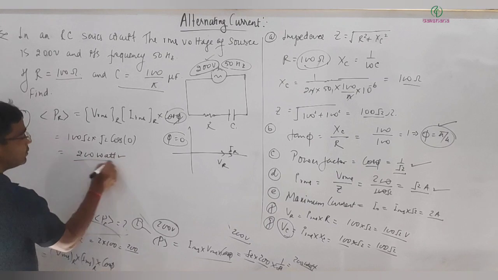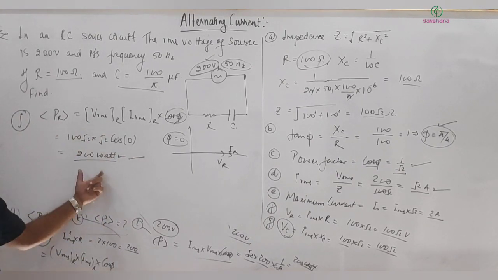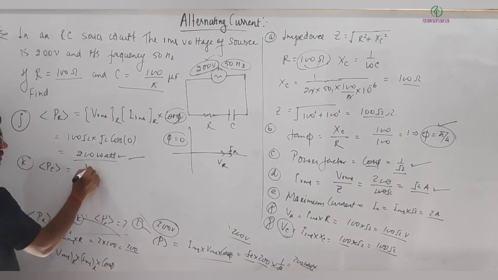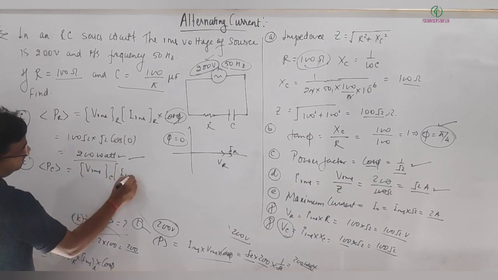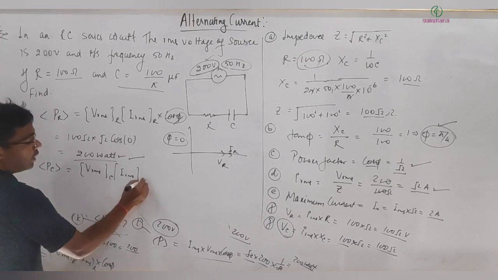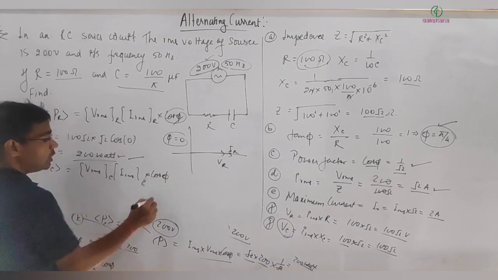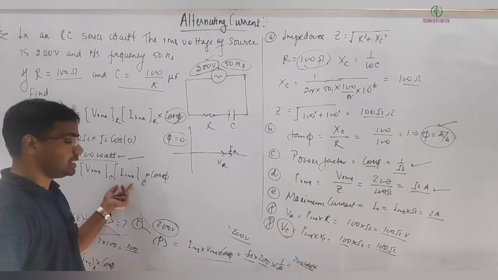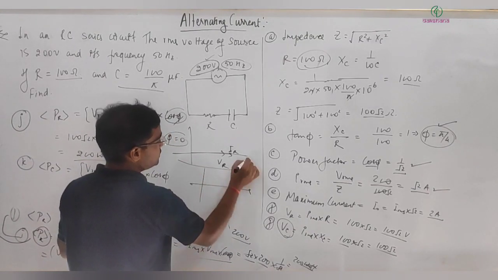I hope you understood. We were getting it straightforwardly also, but you should understand the approach. The next part is K, the average power across capacitor. Again it will be V RMS across capacitor, I RMS across capacitor, multiplied by cos phi, where cos phi will be the phase angle between this and that. Now here you must understand, this is for resistor.